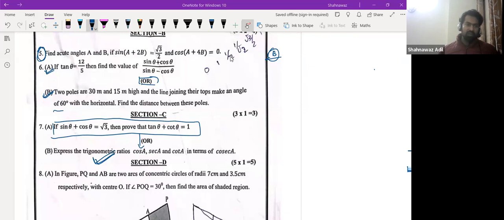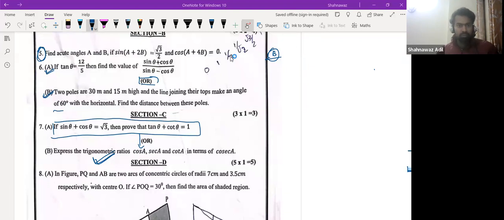Yeah, please solve this B part 6. Can you show the figure?